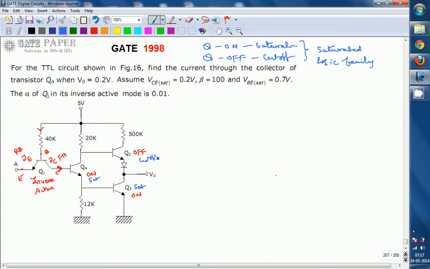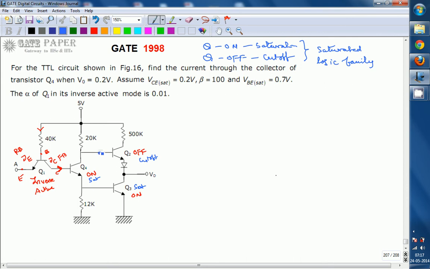Now we can say that Q2 will be in the cutoff condition. Let us assume Q2 is in the on condition. How much voltage is expected over here?